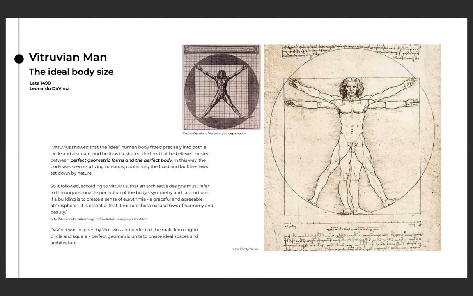So, on the right, you should see the Vitruvian Man. You might have seen this image before. In this image, you should see that the human body, the male human body, fits perfectly into a circle and into a square. And when the legs are spread, you should see a triangle as well, creating the perfect geometric units to create ideal spaces in architecture.